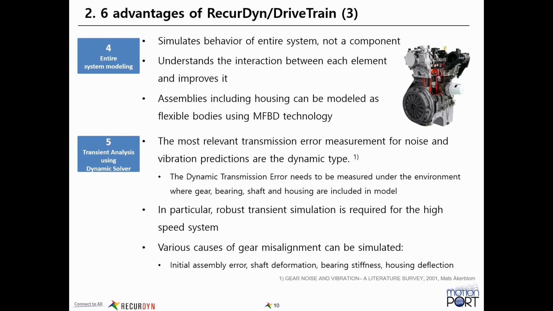It's really important that when you have these simulations where they're dynamic, that you can include all the elements of the model, such as the gear, bearing, shaft, and housing, and that they be measured or simulated in the operating condition that they would actually be used in. So this is especially true of high-speed systems.